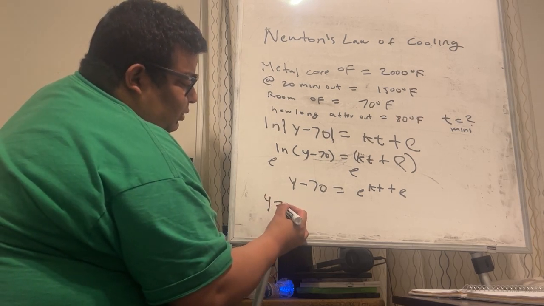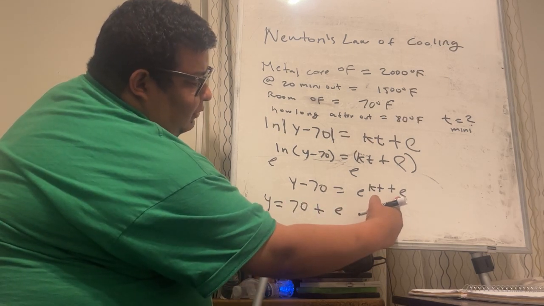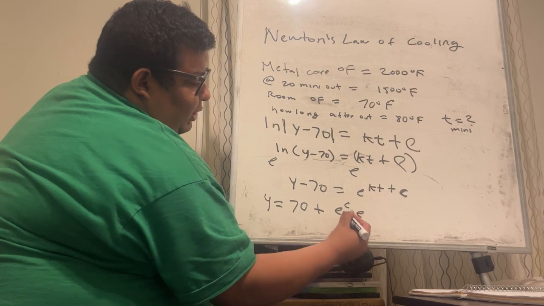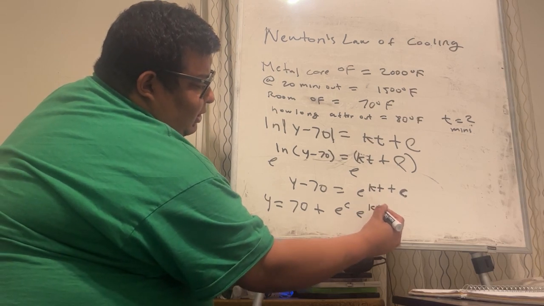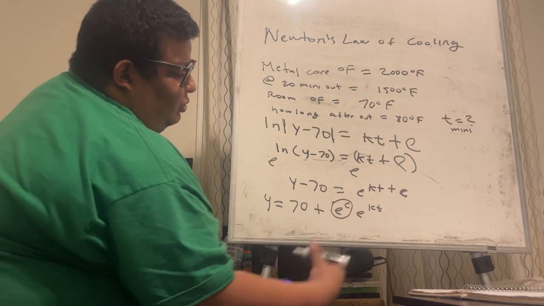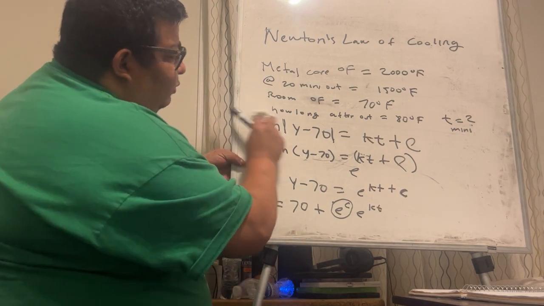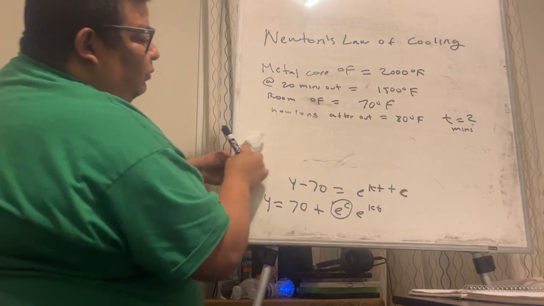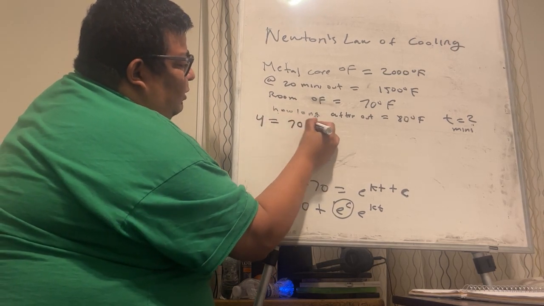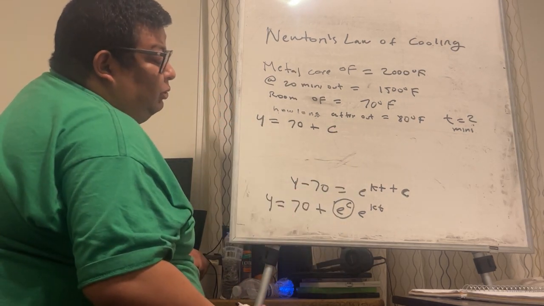Then we move the 70, so y equals 70 plus e to the c times e to the kt. Because e to the c is a constant, we just call it C, since we only want to keep one constant.